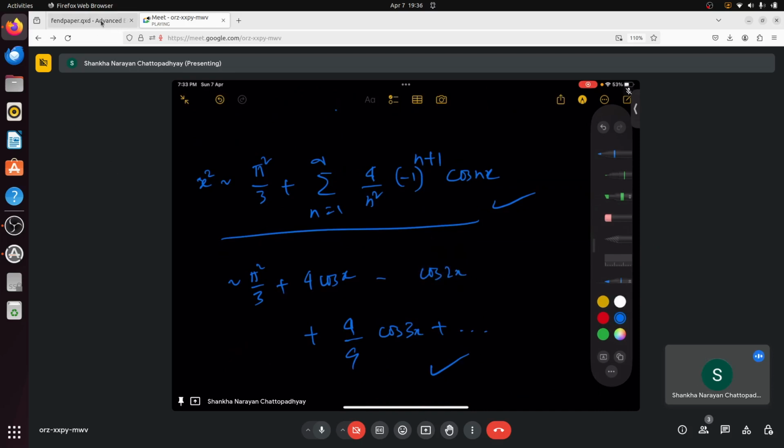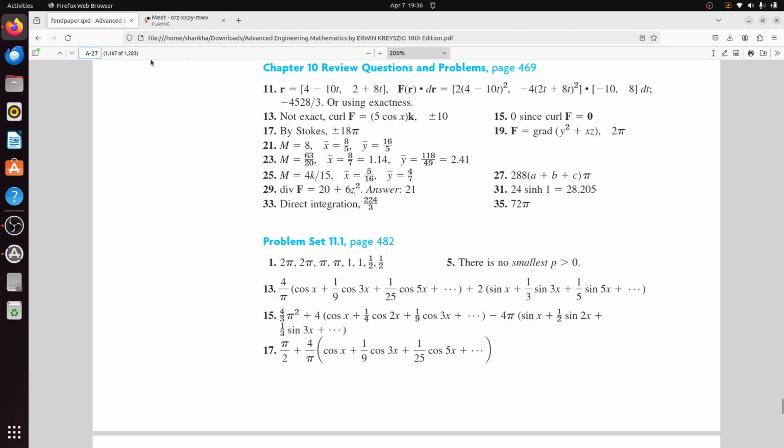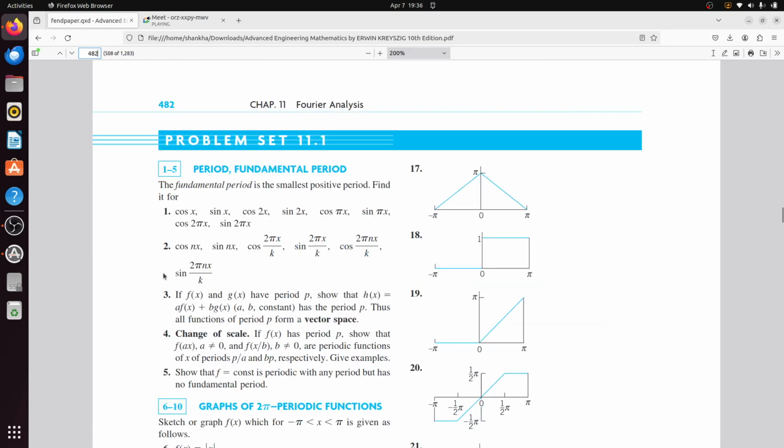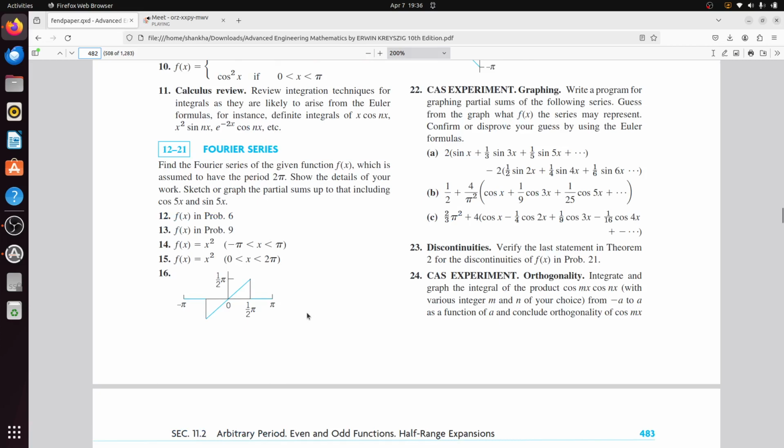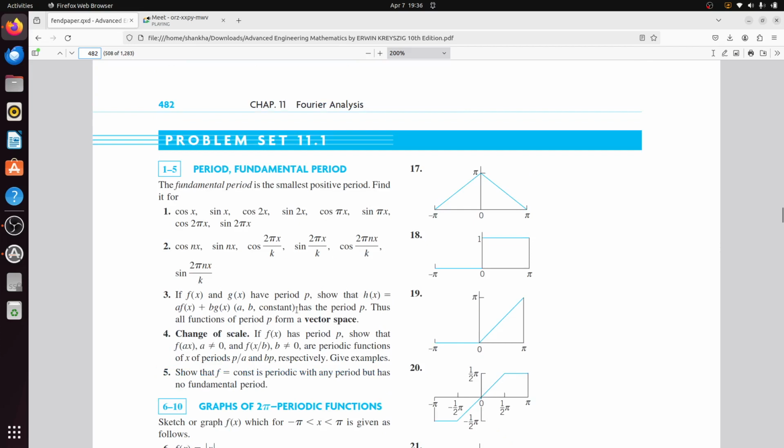Okay, next we will try to solve 17, 4, 6, 482. Next we will solve this 17.